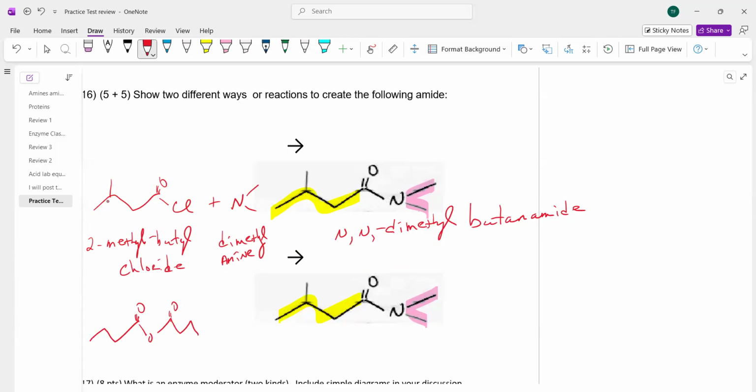So that's going to be the 2-methylbutyl anhydride. I'm going to make it the N,N-dimethyl. So this is going to be the most yield, just like with esters.